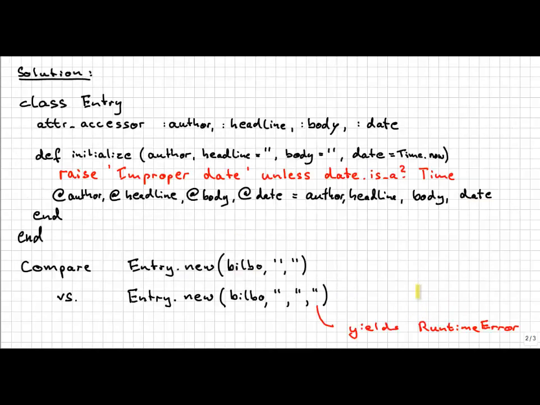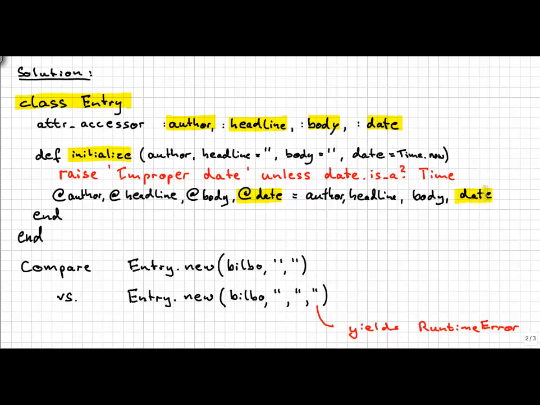So the solution here is to open up class entry. Remember, we had the attr accessors author, headline, body, and date is the one that we want to work with here. And as we initialize an entry object, we want to ensure that no matter what, date is properly initialized with a given date.